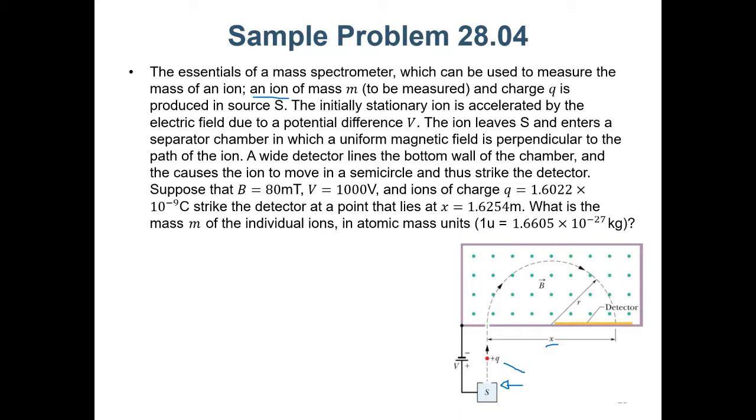The initially stationary ion is accelerated by the E field. So we have an E field from here to here, and it will accelerate the ion to this slit. The potential difference is V, and of course V equals E times the distance.